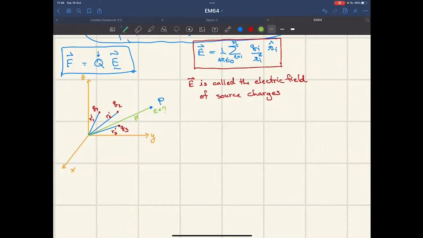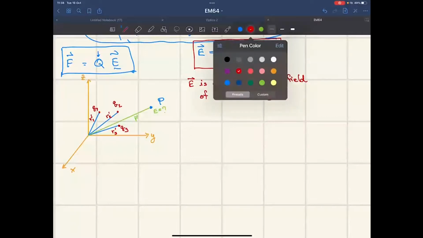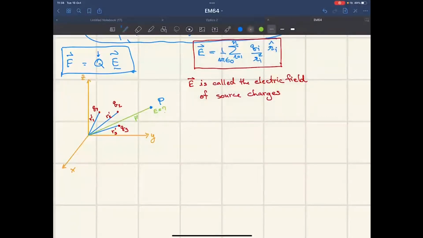Let me write it down. And what is this vector here? And what is this vector here? And what is this vector here?